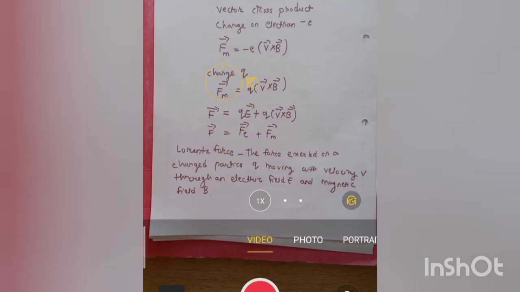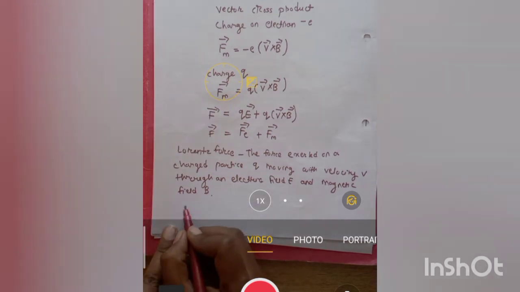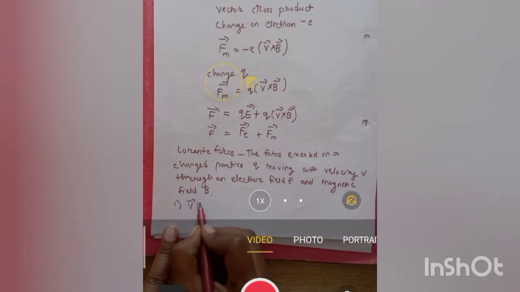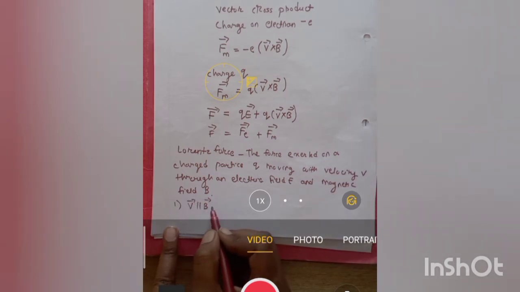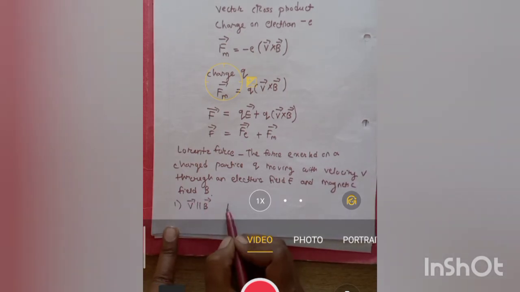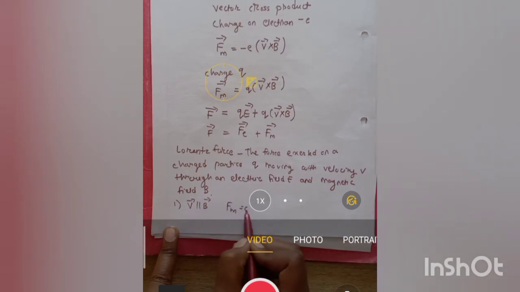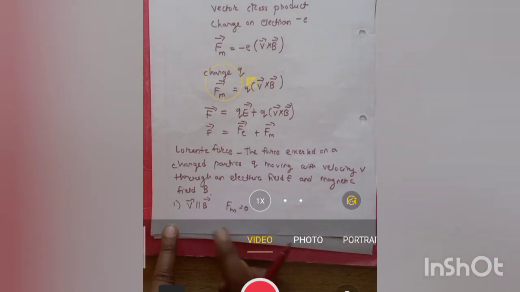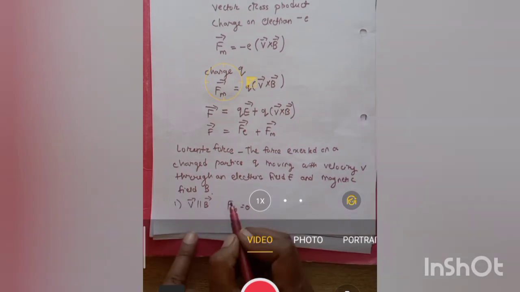If velocity v of a charged particle is parallel to the magnetic field, then the magnetic force will be equal to 0.